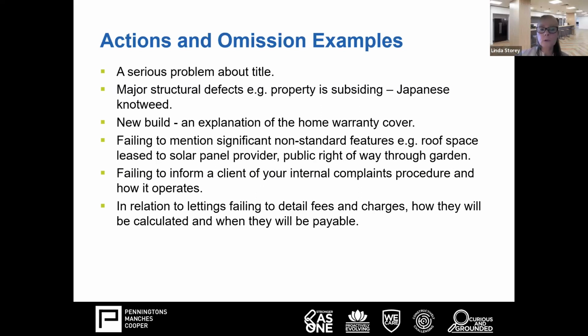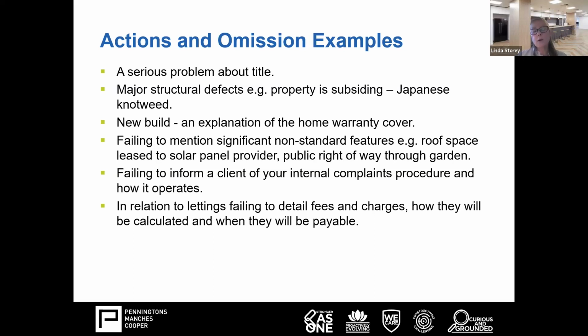Leases of solar panels are now obviously incredibly rare, but coming up on the left side, leases of ground heat source is becoming more common and will become more common. And so again, that's something that needs to be discussed if that's applicable. Any rights of way that affect a property.